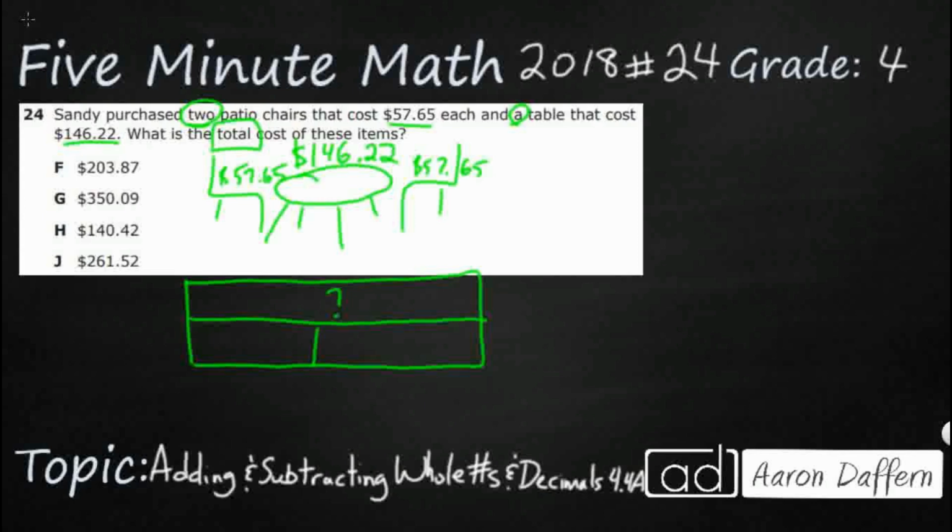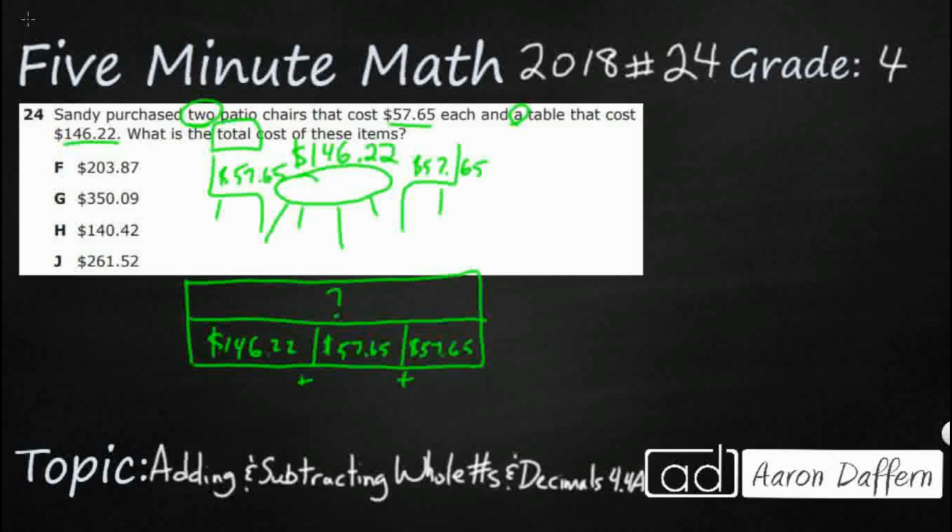So we're going to have our table here, about $146.22, and then the other 2 parts are going to be those chairs at $57.65. And you notice my total is my unknown. That is up at the top, which means you should be able to see we are simply going to add all 3 terms, and that's going to get us our answer.